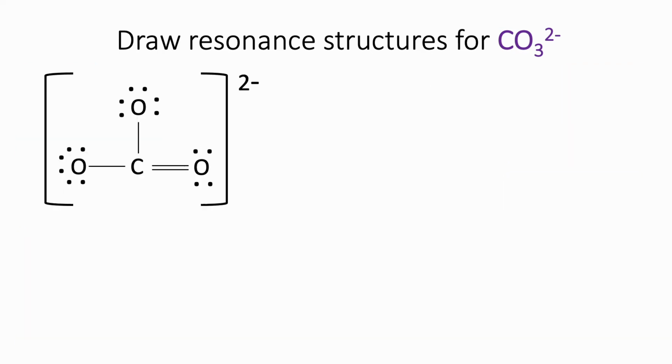Now we are going to draw resonance structures. You always have to ask yourself, does something have resonance structures or not? Now, if you remember, when I was originally drawing this structure, I said we needed 1 double bond, and I put it in a random position. But does that double bond have to go to that particular oxygen that I picked?